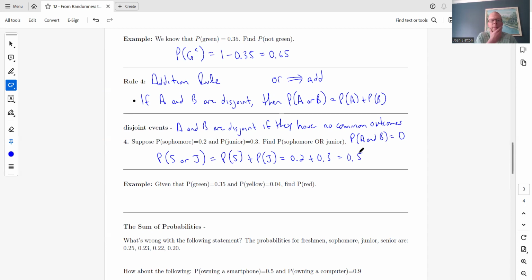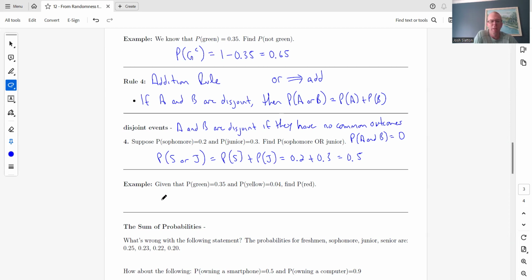All right, probability of green and yellow, and find the probability of red. So we're talking about traffic lights here, which wasn't obvious. In this case, we can use the complement because a traffic light is either green or yellow or red. They are disjoint. It's never 2 colors at the same time. At least I've never seen that happen.